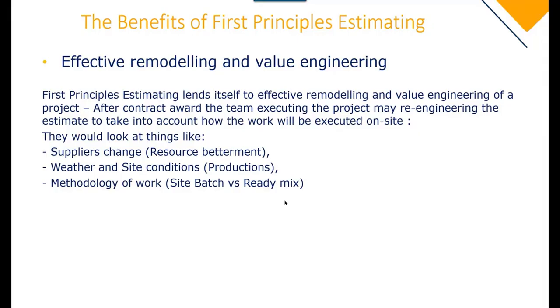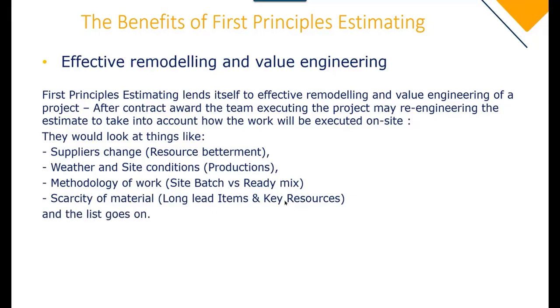You could have a ready-mix plant just down the road, so the estimator could have priced site batch, but the team on site decide to switch it to a ready-mix job. It's another thing you could look into, maybe scarcity of material, because that takes into account long lead items and key resources. That's something that you'd want to make the procurement department aware of. And the list goes on.